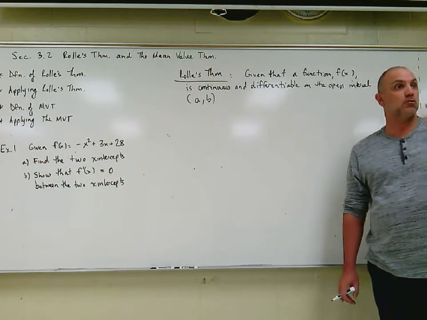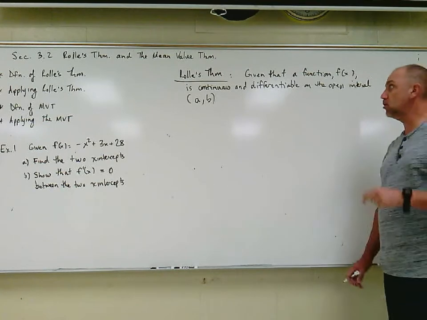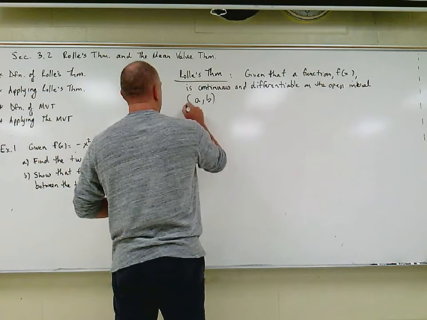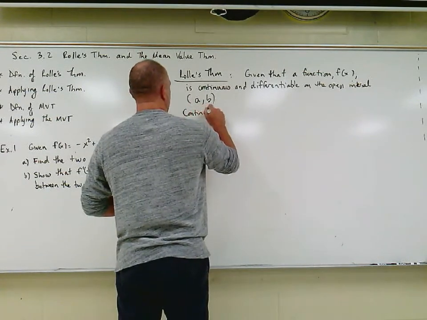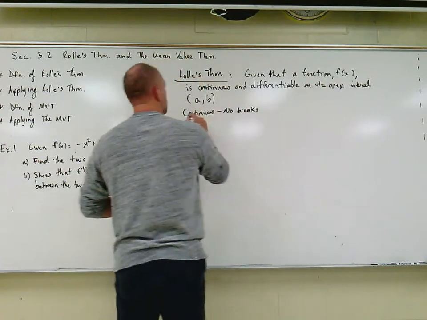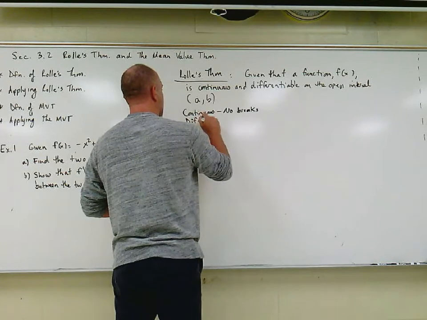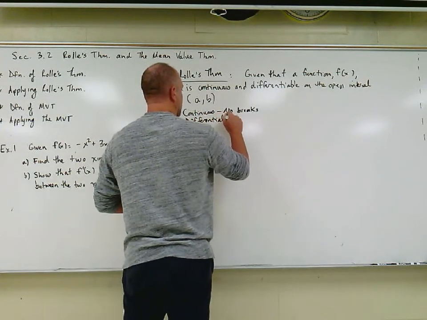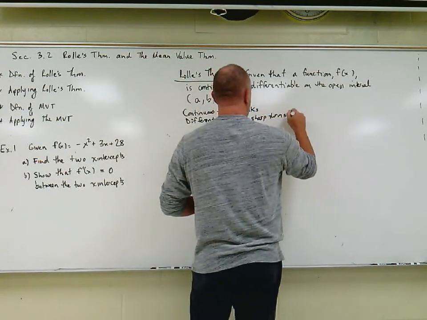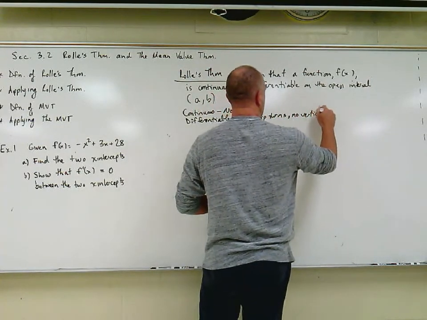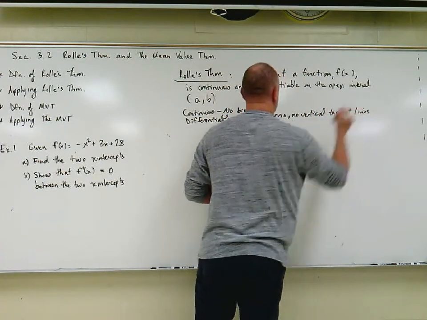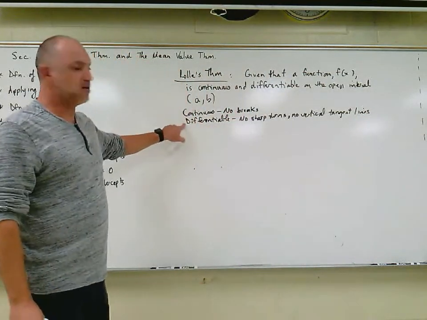There can't be any sharp turns or any vertical tangent lines. Okay, so when we're talking about continuous, we'll take a sidebar here. Continuous means no breaks, and differentiable also means no sharp turns and no vertical tangent lines. You can't have either one of those. No breaks in the graph and no sharp turns.